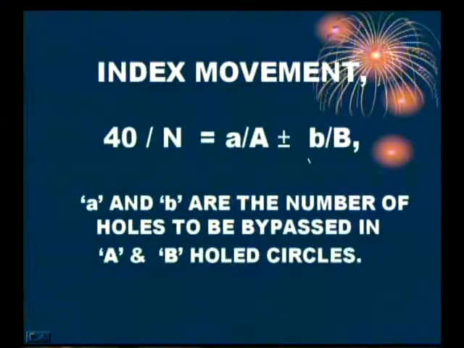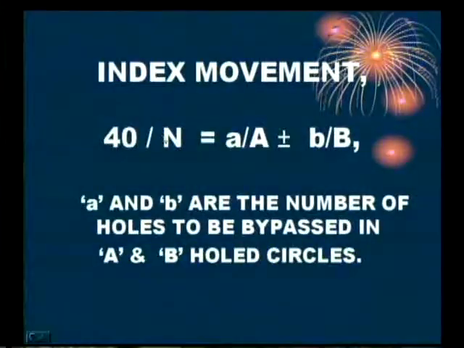This is done with a set of operations which are mostly on a trial and error basis. Positive implies that the plate is to be rotated in the same direction as the crank, and negative implies that the index plate is to be rotated in the reverse direction to that of the crank.